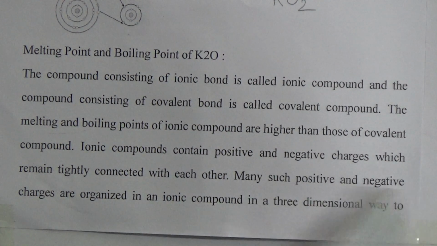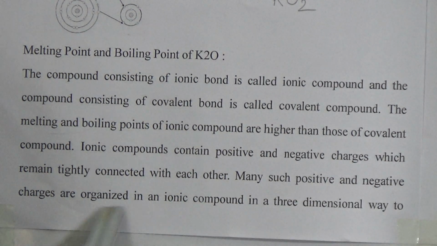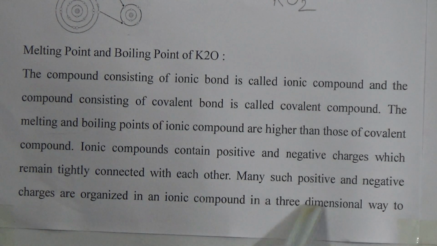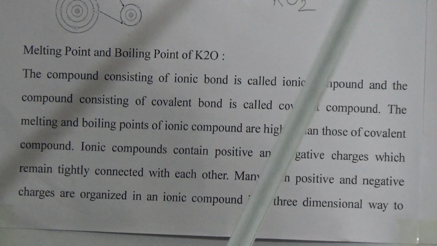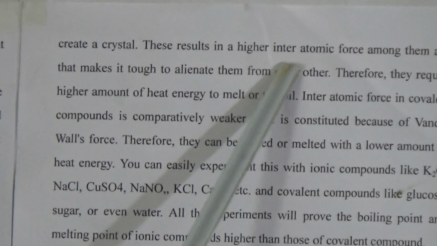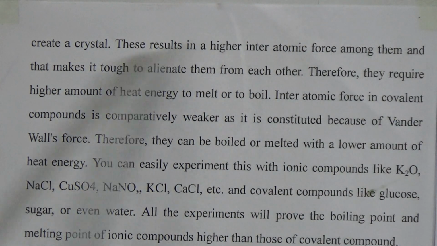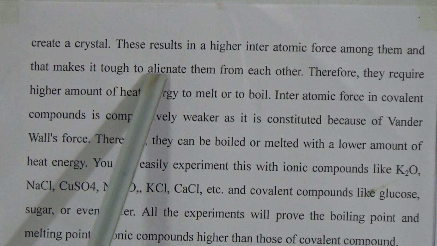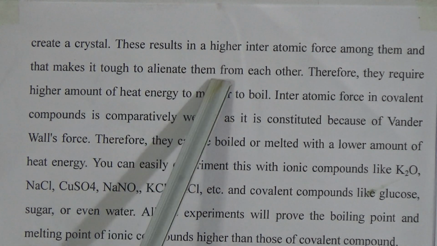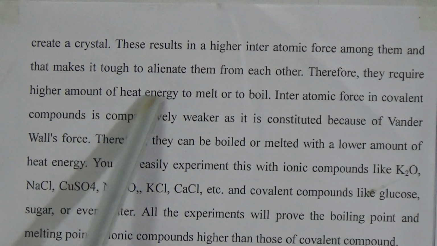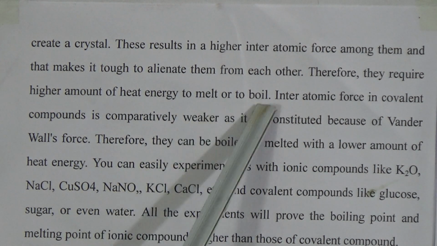Many such positive and negative ions in an ionic compound are arranged in a three-dimensional way to create a crystal. This results in a higher interatomic force among them, and it makes it tough to separate them from each other. Therefore, they require a higher amount of heat energy to melt or to boil.